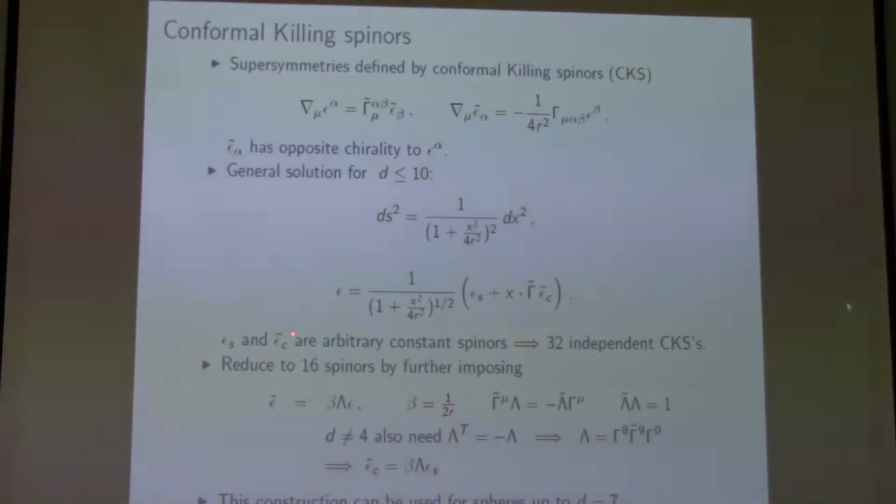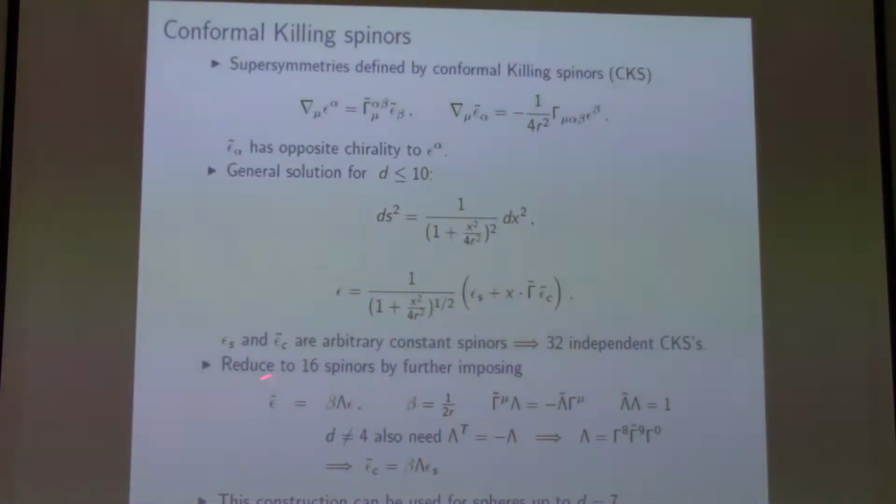So epsilon s and epsilon tilde are arbitrary constant spinors, so there's 16 of each of them. So there's 32 independent conformal Killing spinors. Now if d is not equal to 4, there should only be 16 supersymmetries, not 32 superconformal symmetries.